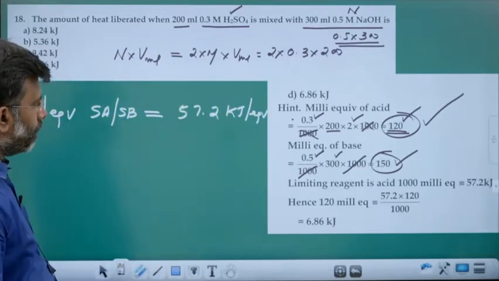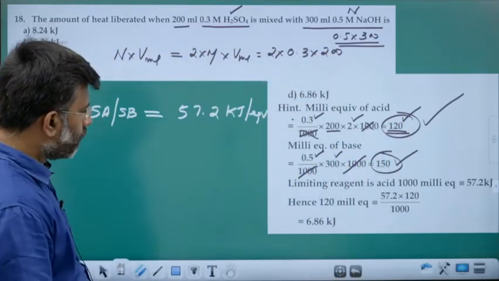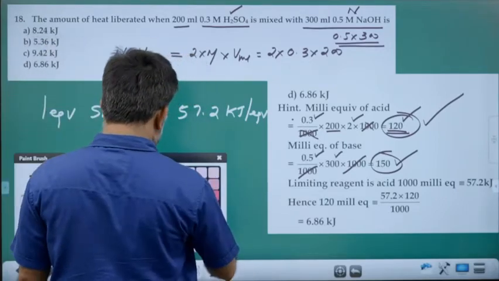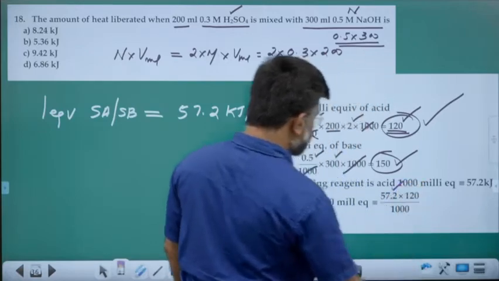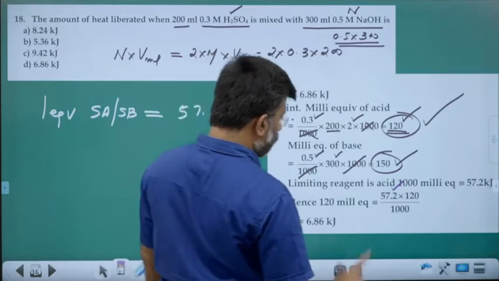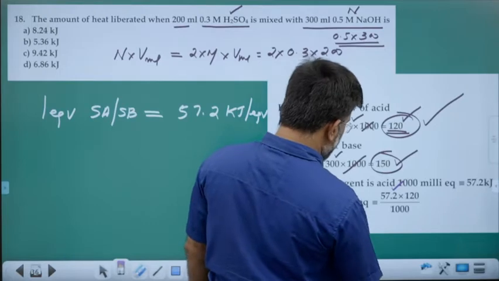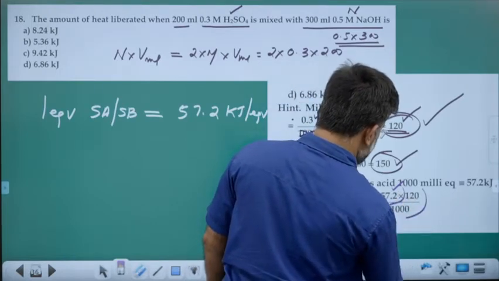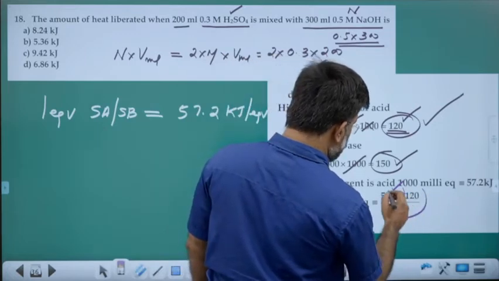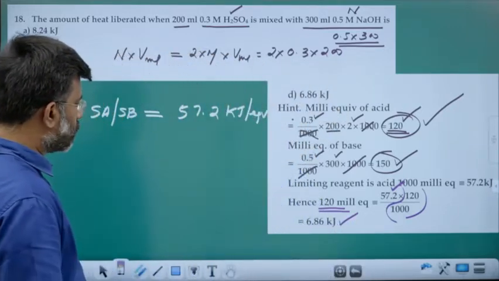Here it is 120 milli equivalents. 120 milli equivalents means 120 divided by 1000 equivalents. So 120 by 1000 equivalents into 57.2, you will get the answer 6.86 kilojoule.